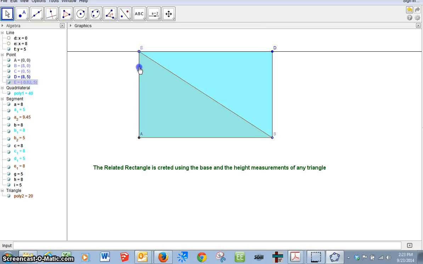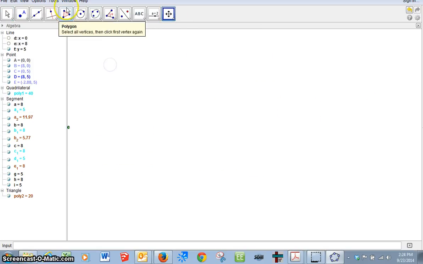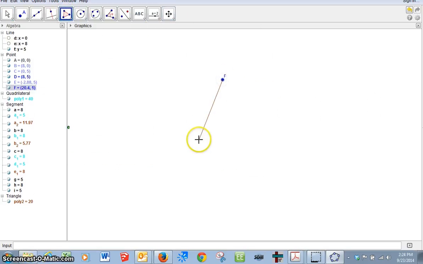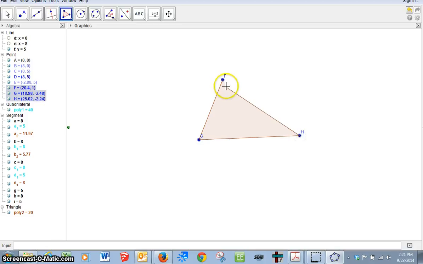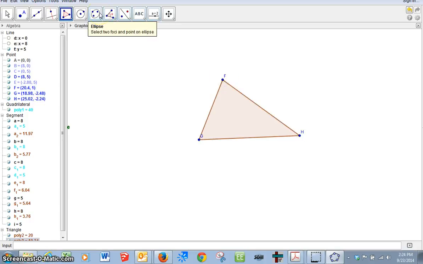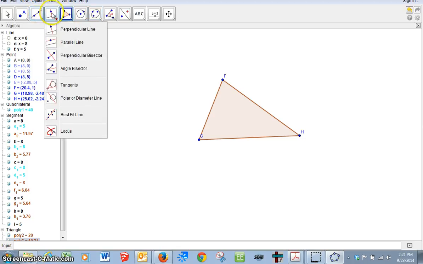So this related rectangle goes with any triangle with this base and height. So for any new triangle, we create a related rectangle that has the same base and height.